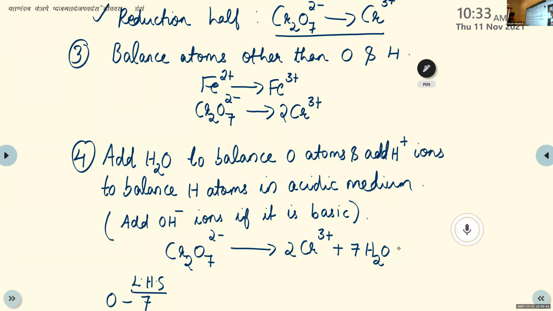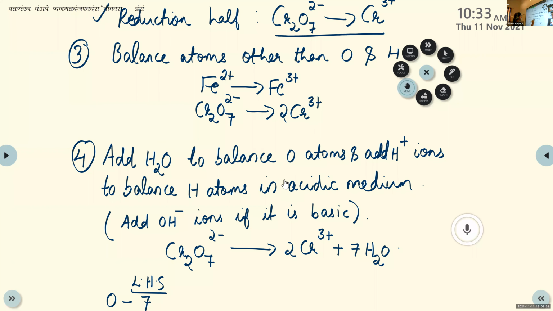Now the number of oxygen atoms is balanced: on the left hand side it is 7, and on the right hand side also 7, right? Clear? And one more thing, we have to add H+ ions to balance hydrogen atoms. This also comes in the same step.